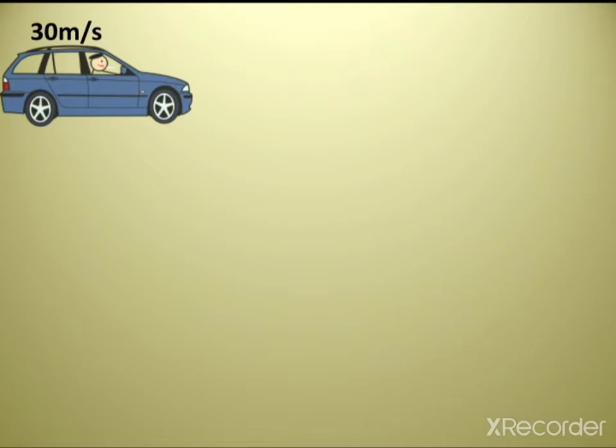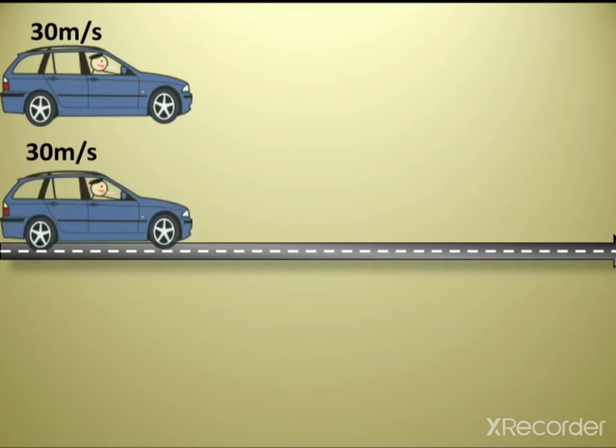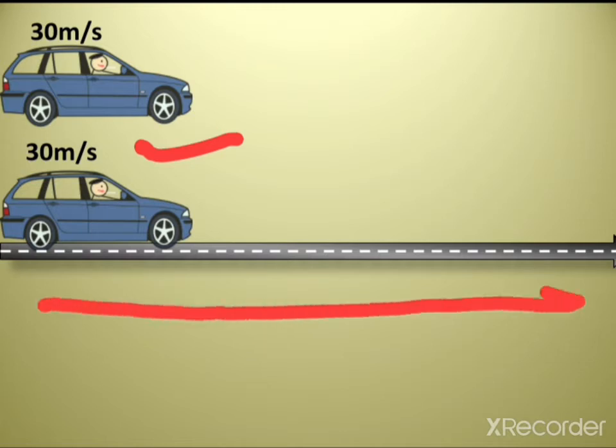Now what about the vector quantity velocity? This is the car and you have the information that the car is moving with velocity 30 meter per second along this direction, from this point to this point.